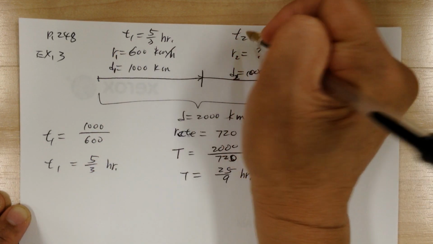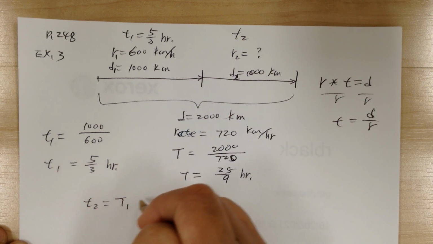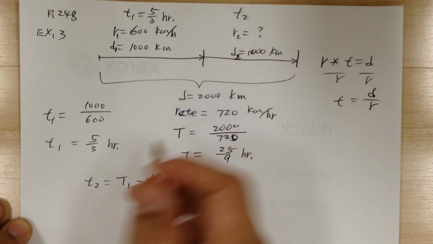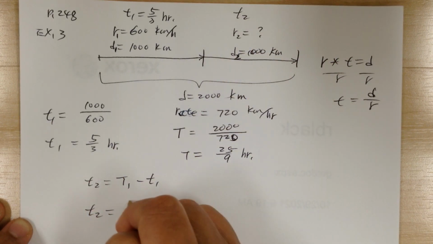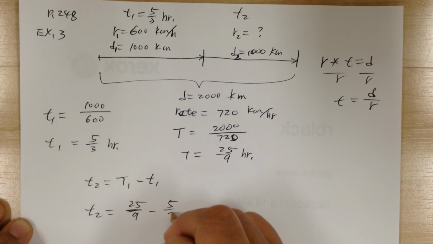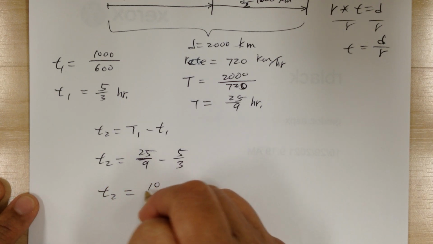So T2 will equal the total time minus T1. Right? So total time minus that will give you this time. So T2 will equal 25/9 minus 5/3.